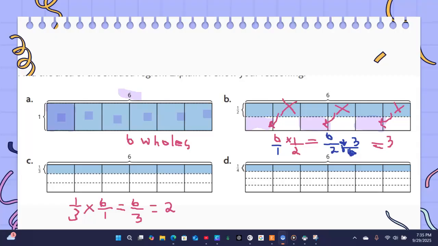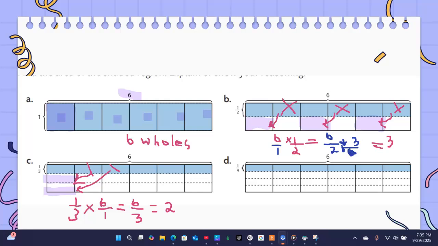Let's go ahead and see if we could show that using our strategy that we did over here. We're just moving our pieces over. Okay, so we need 2 pieces moved over, 1, 2, to make a whole. Let's cross those 2 pieces out. That's crossed out and that's crossed out. And we basically moved that one right there, and we moved this one right there. That made 1 whole.